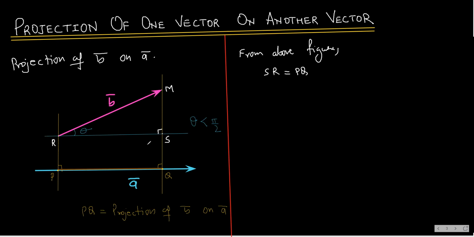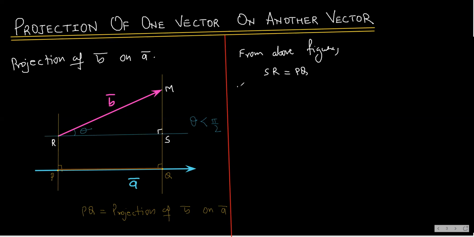Since RS is parallel to A bar and SQ and RP are perpendicular to vector A bar, this angle will be a right angle. So PQSR is a rectangle.